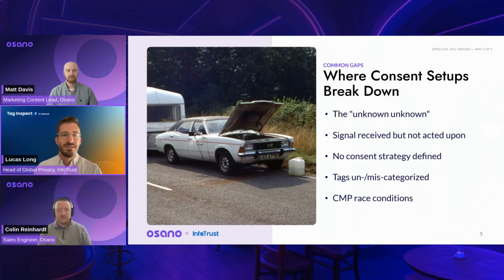The second big problem is a consent signal is received from the consent management platform. But if you're trying to manage everything within the tag management system, where you then block those tags based upon that consent signal, things are just not implemented properly. So those tags are still executing even though they shouldn't be.